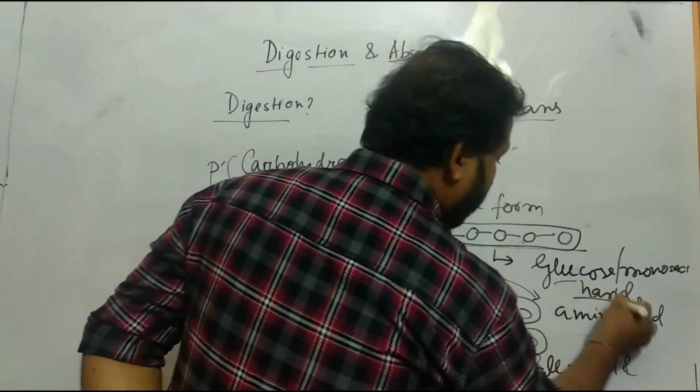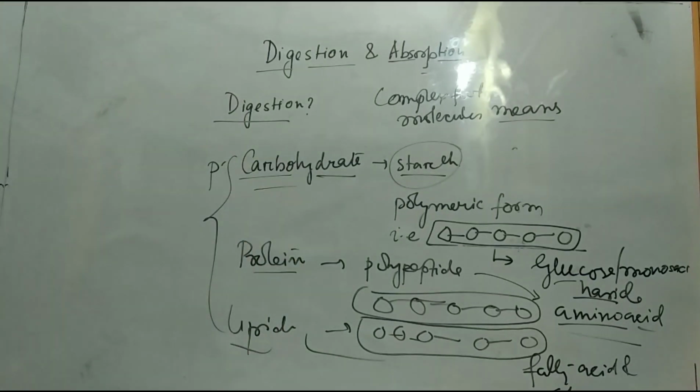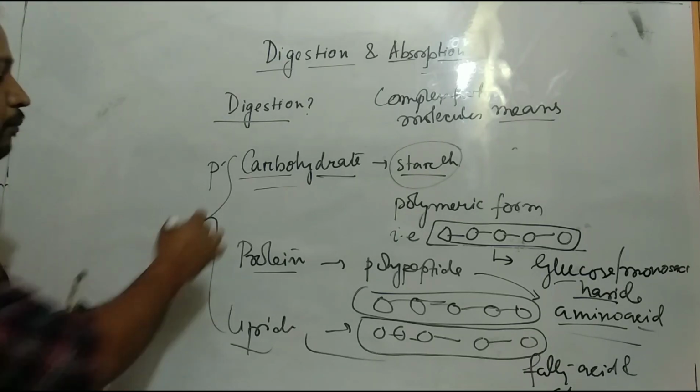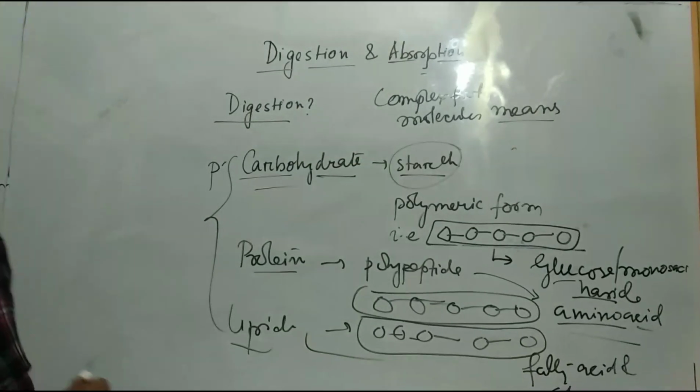So these are simple absorbable forms and these are complex forms. So digestion is simply a phenomenon in which all these complex food molecules are broken down into simple absorbable form.